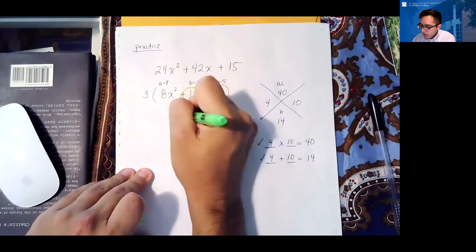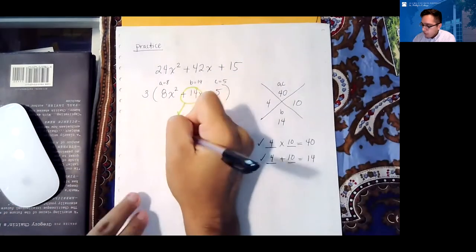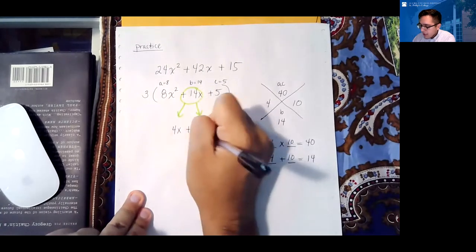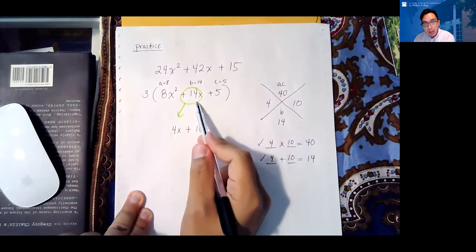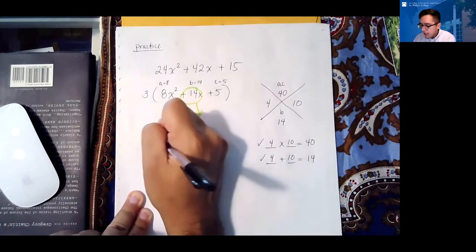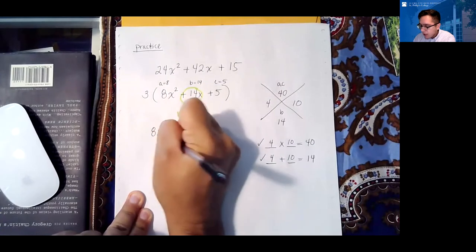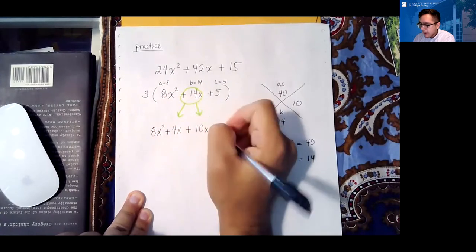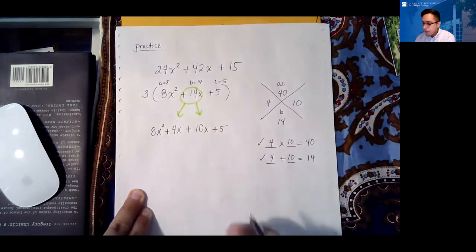I can take this middle term here, break it up into 4x plus 10x, because sure enough, if I combine those like terms, I get my 14x back. So I can rewrite this polynomial as a 4-term problem, 8x squared plus 4x plus 10x plus 5, and then factor by grouping.